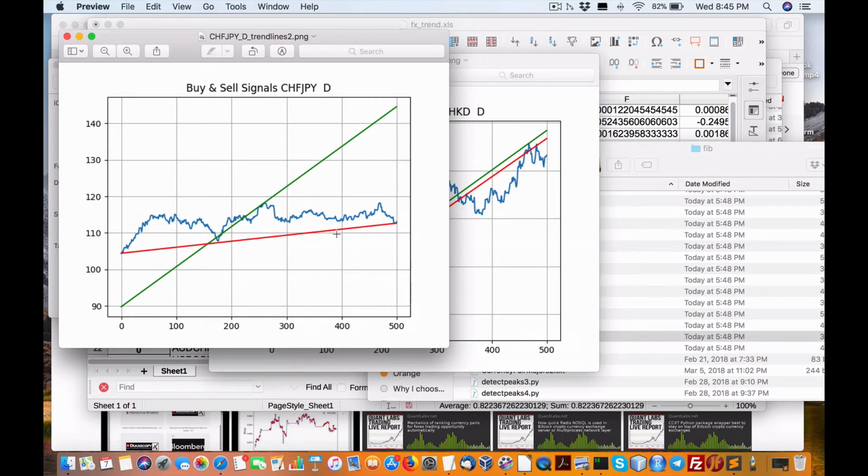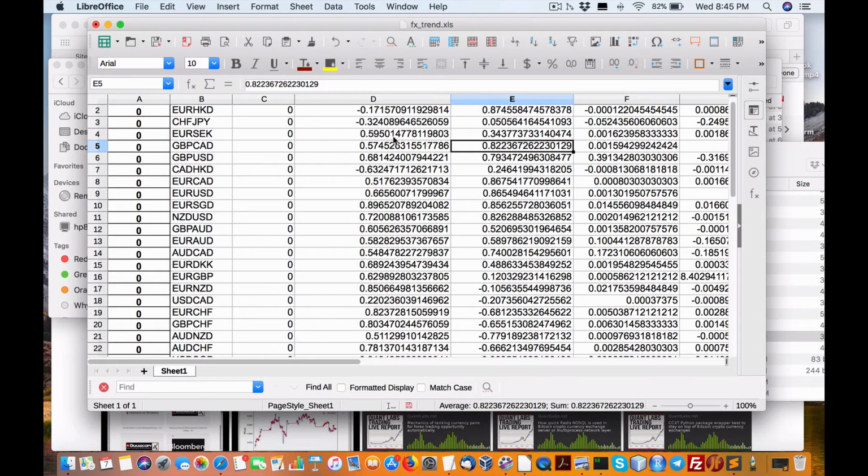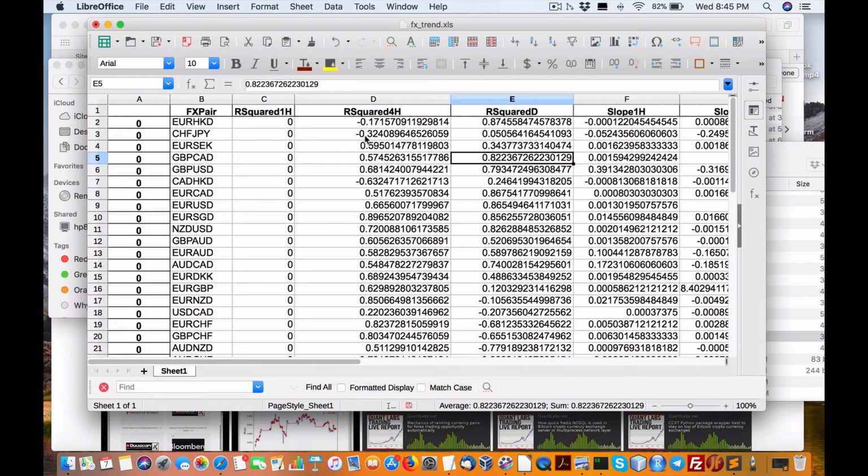Yeah, so it's very flat there. But in here, the last 90 days, it's strong. But when you look at the R squared on the daily, it's not that strong, and that's because it's flat, as you can see.